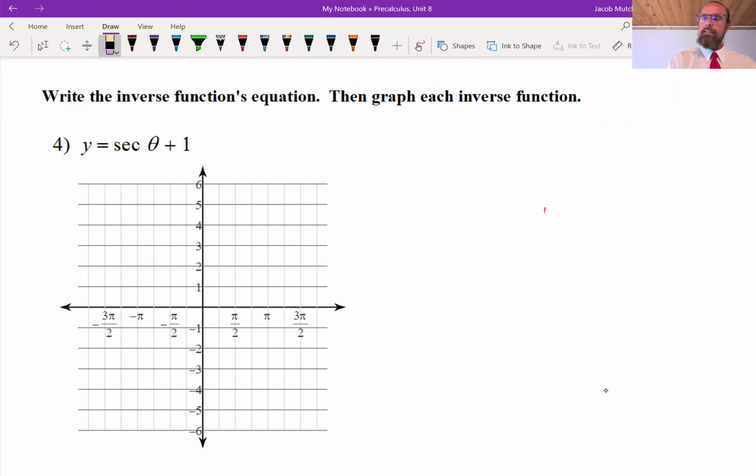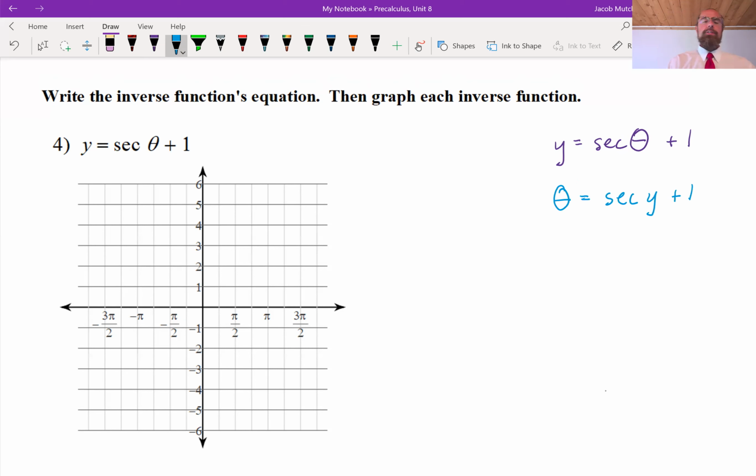Let's investigate the inverse. What I'm going to do is accomplish that first task. I want to write the inverse function. So I'm going to take y equals secant theta plus 1, and switch my variables. My next step is going to read, instead of y, theta equals secant of y plus 1.